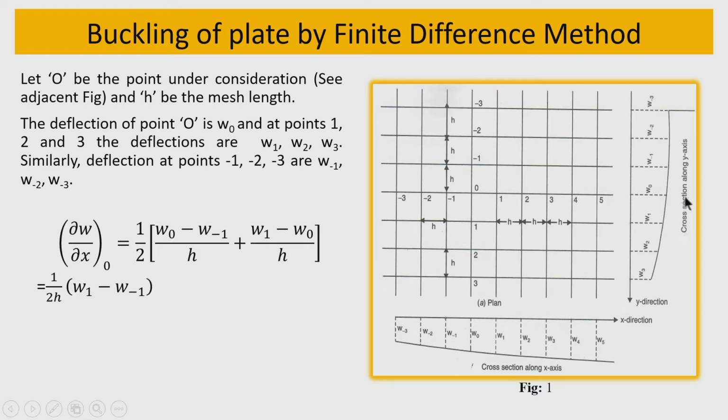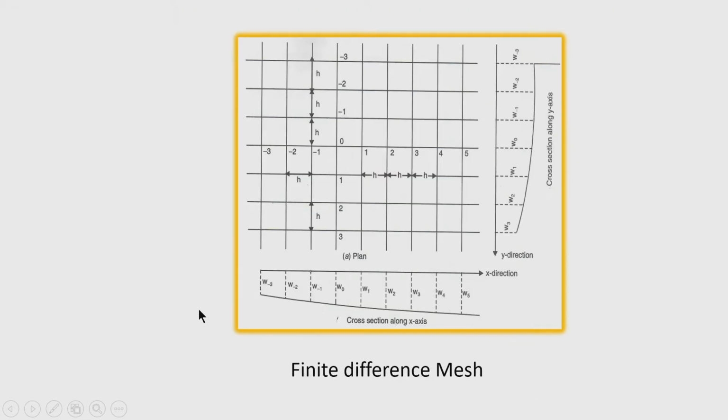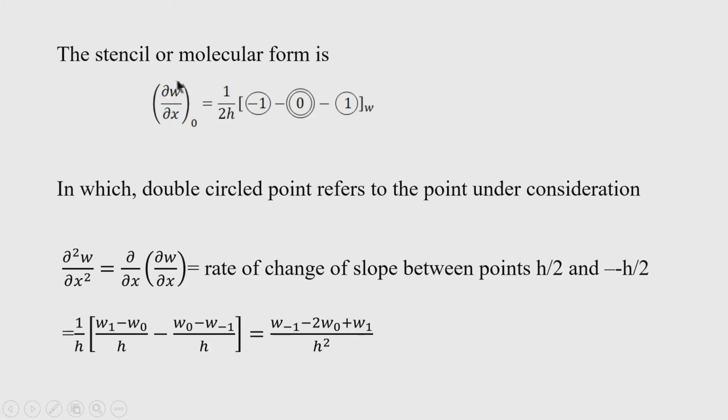The y direction deflection curve is shown here. Now, let us come to the second derivative. So, this is the slope, which can be represented in molecular form, which is easy to remember and convenient for use in actually solving the problem. This form is very much suitable.